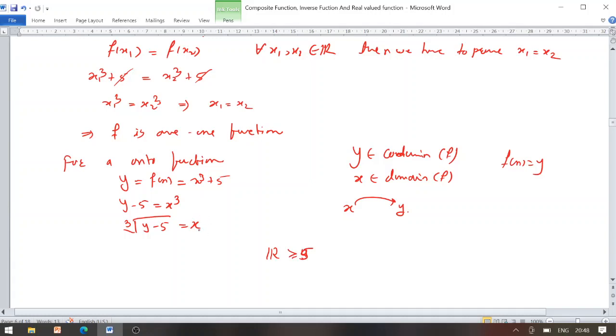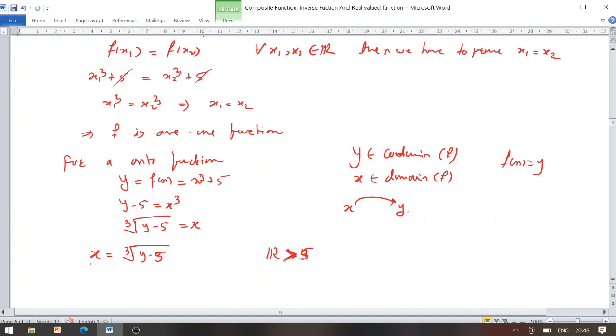So we have now x equals cube root of y minus 5. So for all real values of y, the respective value of x from your domain should exist.